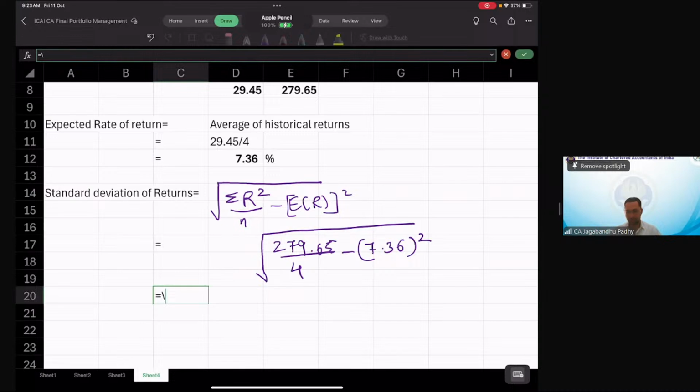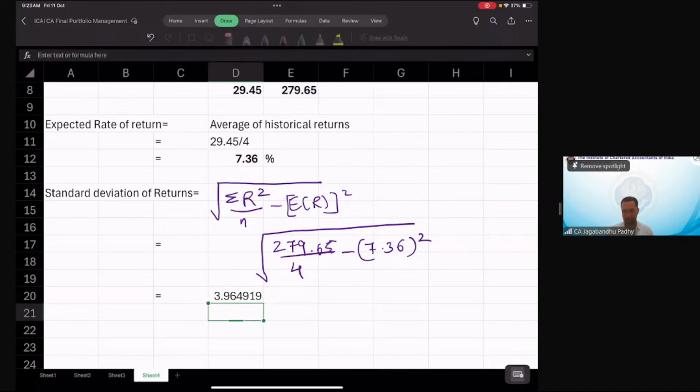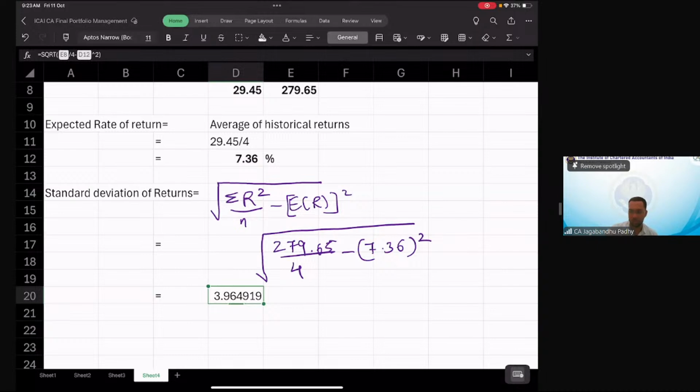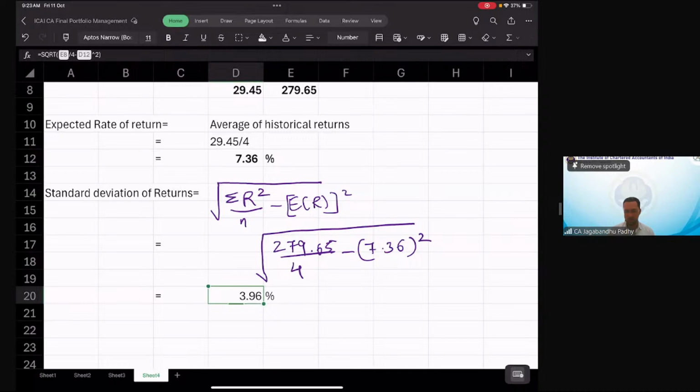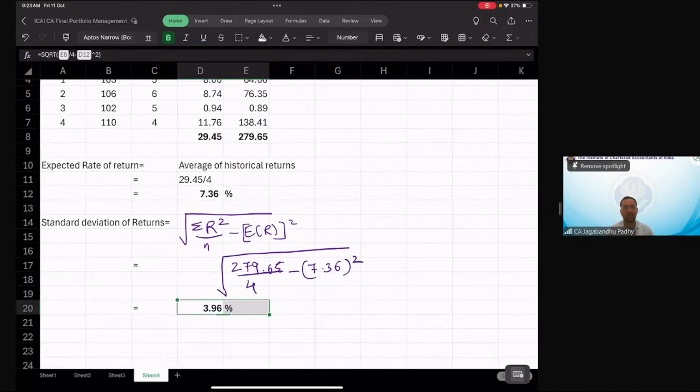If you solve it, the standard deviation works out to be 3.96, again measured in percentage terms. So that's the standard deviation of return, which is 3.96%. Okay, so that's how we compute the expected return and standard deviation.